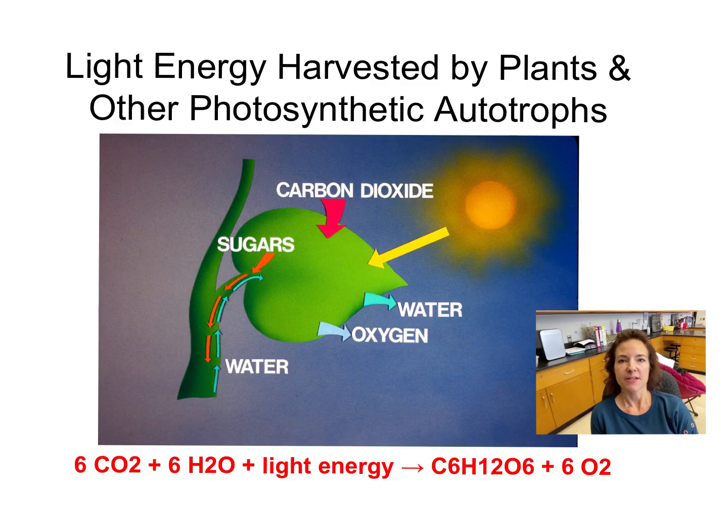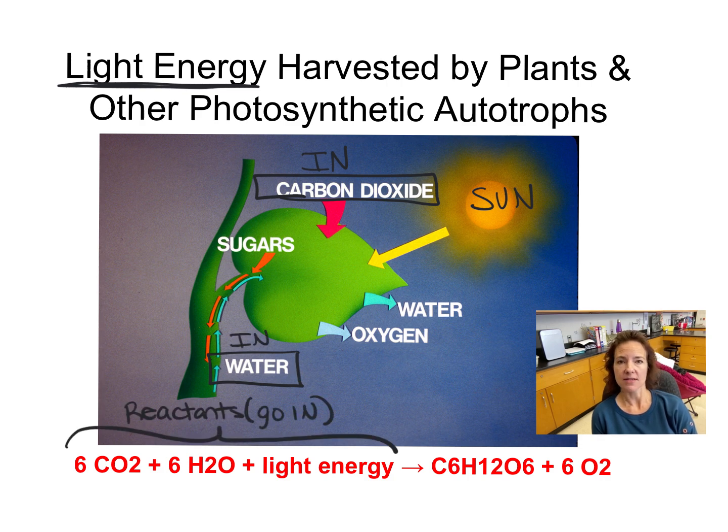So here's how the process works. The light energy from the sun is gathered by the plant. Carbon dioxide also gets taken in by the plant, as well as water. So our reactants, or our materials that have to go into the process, are going to be carbon dioxide, water, and light energy.